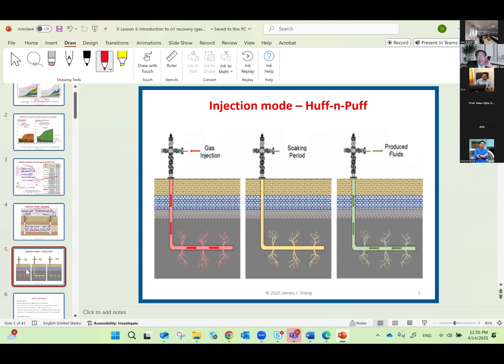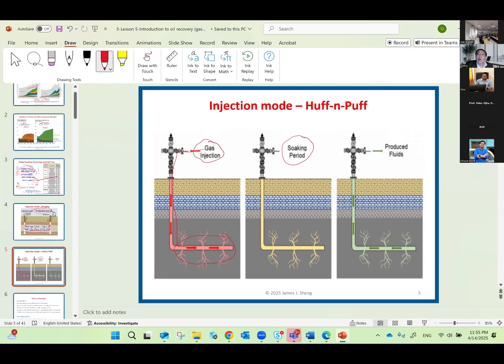Now let's look at another well. In this case, here is a reservoir. Now it is a horizontal well, multi-stage fractured. And initially, you inject gas. Let's say you inject gas here. Then you stop injecting, and leave the well closed for some days.